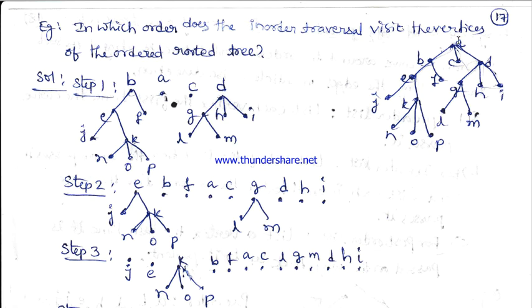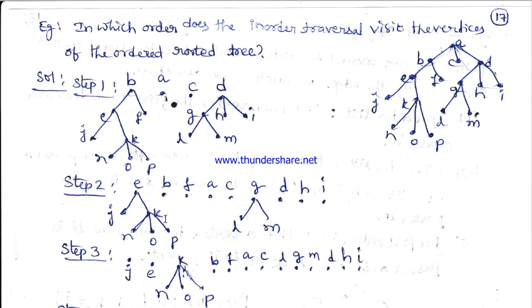Suppose A is the root of the given tree; its leftmost subtree is the subtree with root B. So that left subtree has to be visited first, as shown here, followed by the root vertex A, and then the remaining subtrees with the root vertex A, meaning C. After A we have to visit C, then the subtree at D has to be visited. It is shown in step 1.